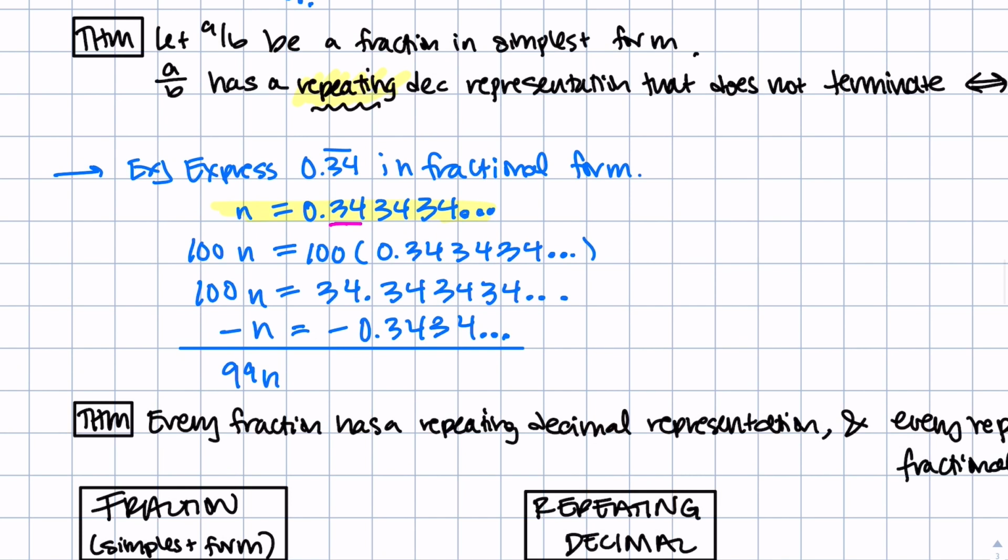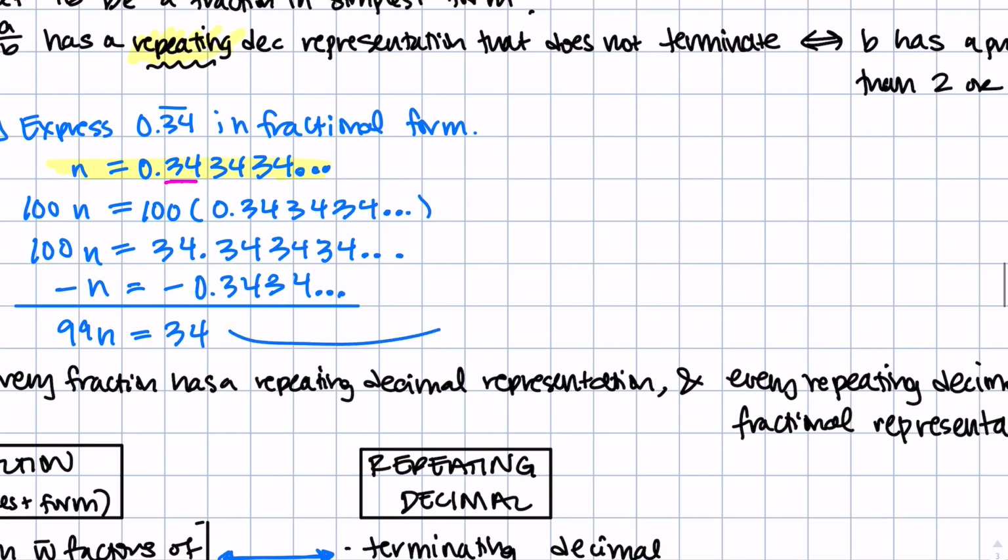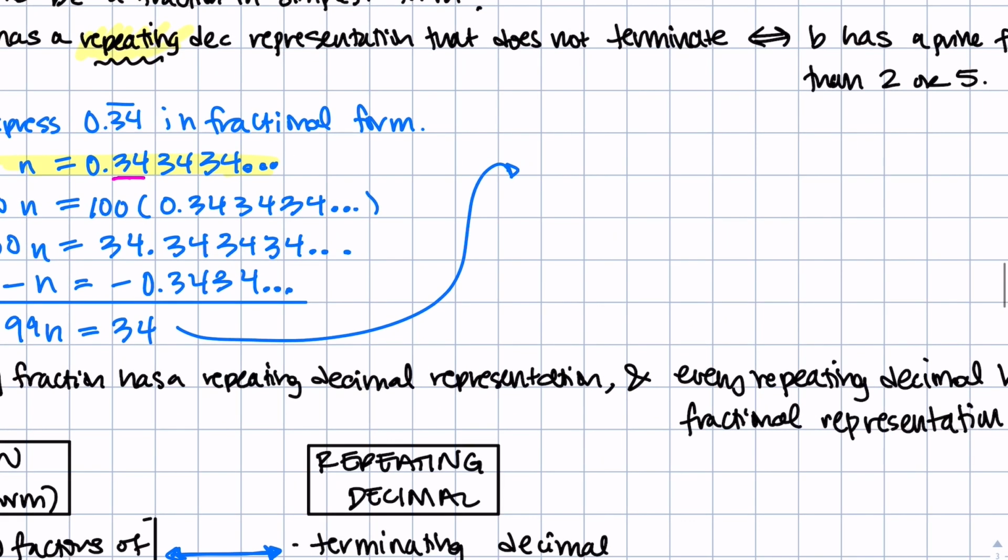And on the right, I'm left with just 34, right? Because I subtracted off all of those repeating decimal places. And now, last but not least, I'm just going to divide both sides by 99 in order to solve for n. So I get that n is equal to 34 over 99. And that's my fraction representation.